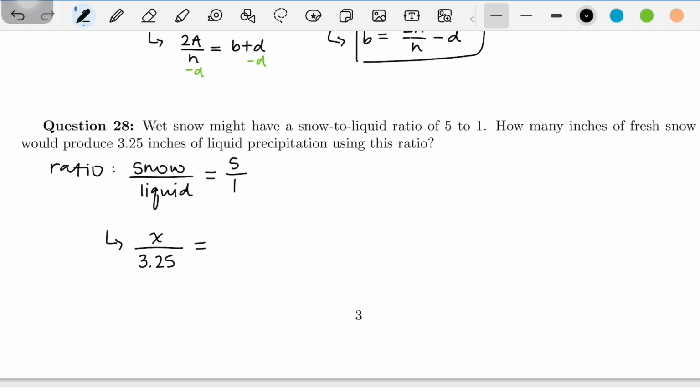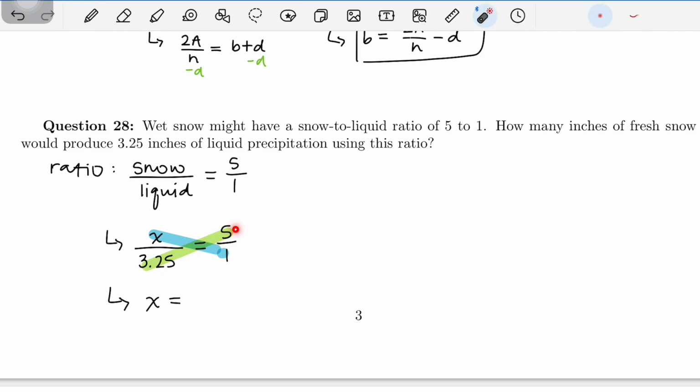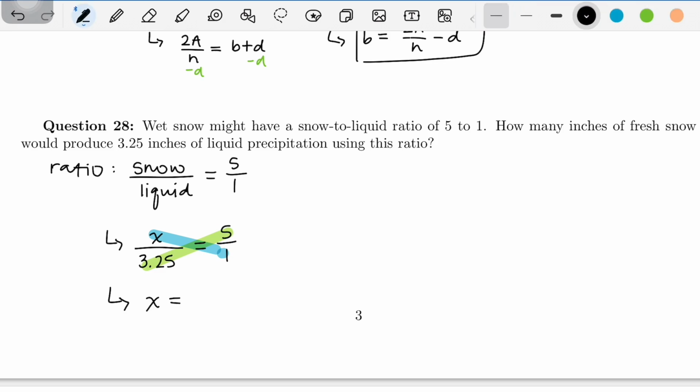So what we're going to do is set this equal to our ratio here, and then solve for x. Now, to solve for x, what we're going to do is cross multiply. So we're going to multiply these two, and we're going to multiply these two together. Doing so, we're going to have x times 1, that'll just give us x, and that'll be equal to the cross multiplication of these two, so 5 times 3.25.